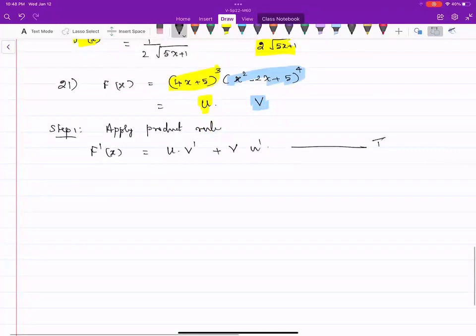This is our step; we have to get back to this step. So what is u? It is (4x plus 5) the whole cube. So what is u prime?